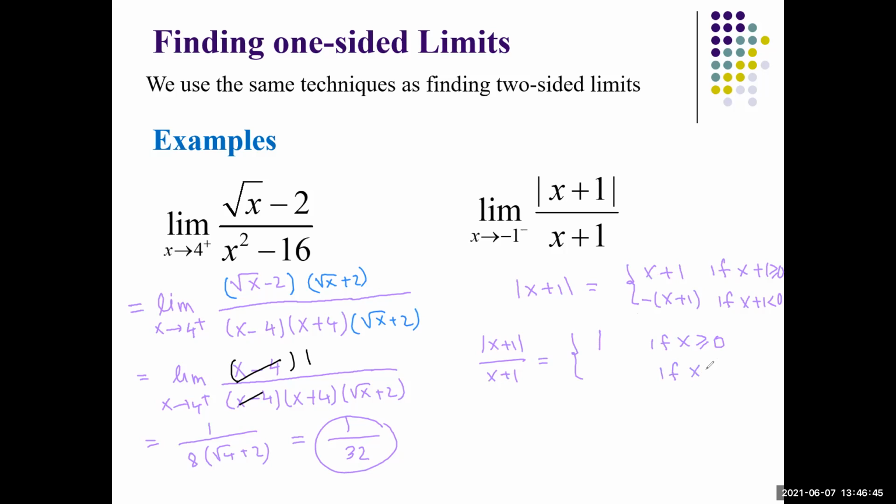If x is less than, sorry, this is not 0, it's negative 1, right? So x greater than negative 1, and that's x less than negative 1, then the numerator will become negative x plus 1, cancel, we get negative 1.